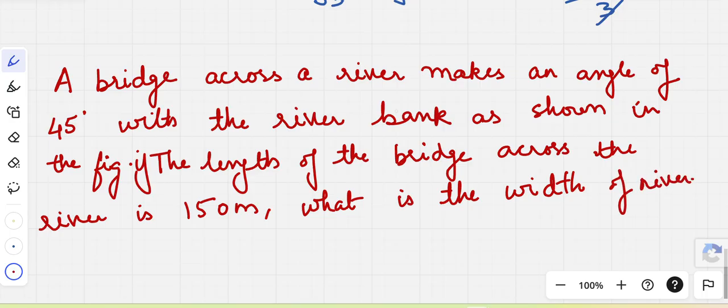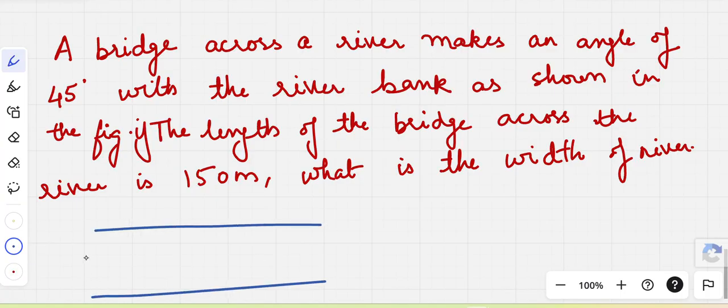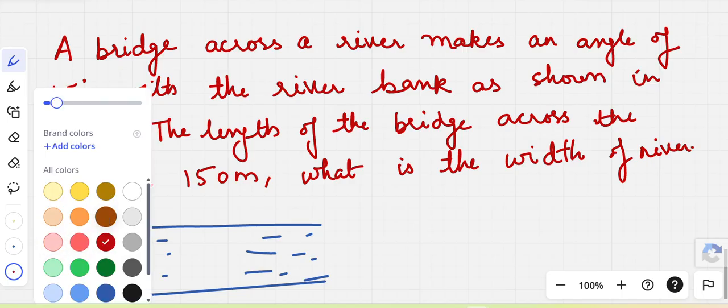So what happened? A bridge across the river. There is a river. Let us make our river like this. This is a river, okay? A bridge across the river. So there is a bridge.